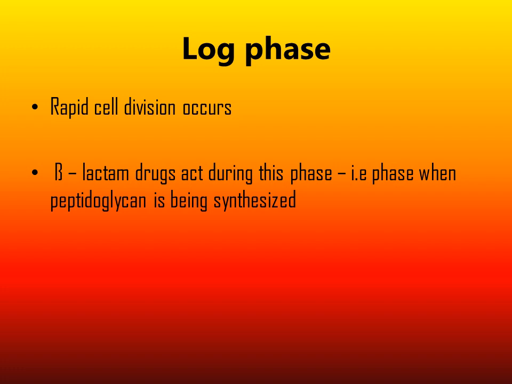They have a beta lactam ring in them, which is the main constituent that acts against the bacteria. These beta lactam drugs usually act in this phase of bacterial cell division, which is when the peptidoglycan layer of a bacterium is being synthesized.